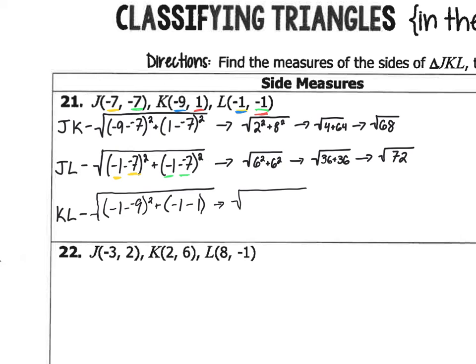-1 minus -9 would be -1 plus 9, so you'll have 7 squared, plus -1 minus 1 would be -2 squared. It's going to go to 49 plus 4.